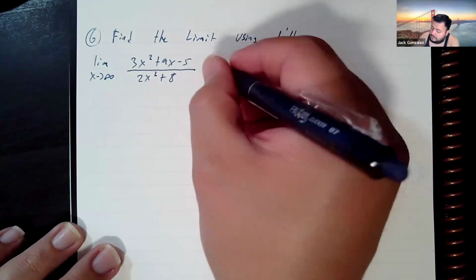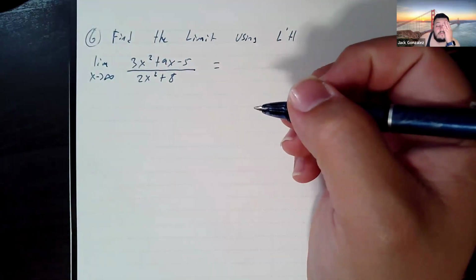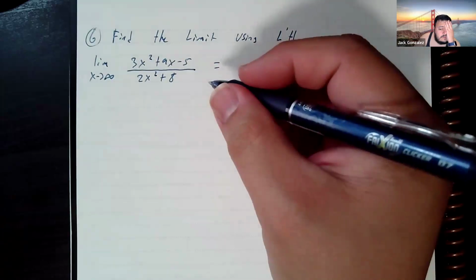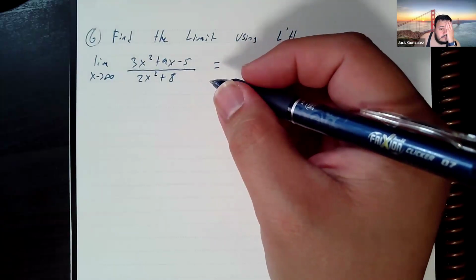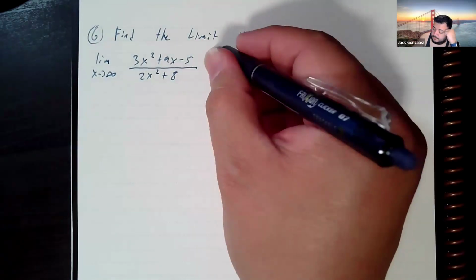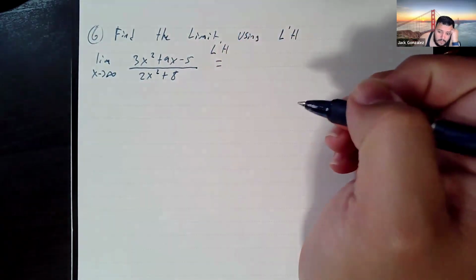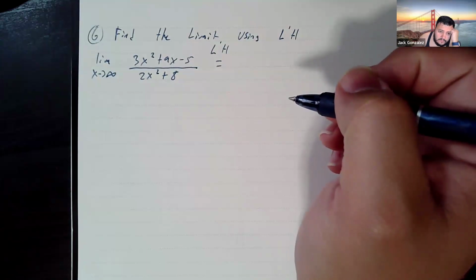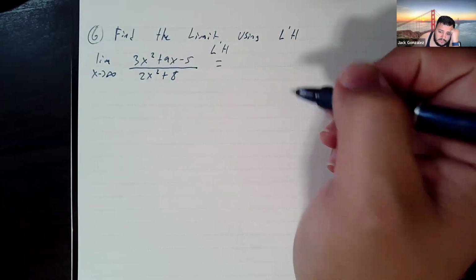So we take the limit right now. Well, actually, this is going to infinity, so we have to right away do L'Hopital, right? You see what I'm saying? It's going to be infinity over infinity, so take the derivative of the top and bottom.